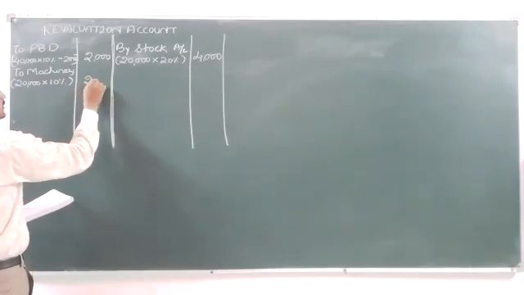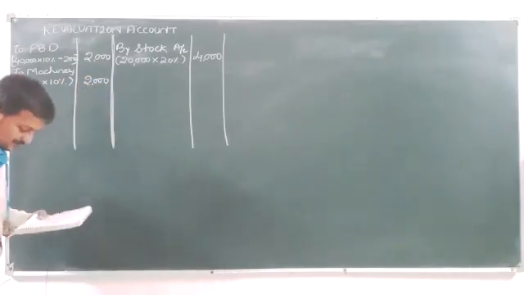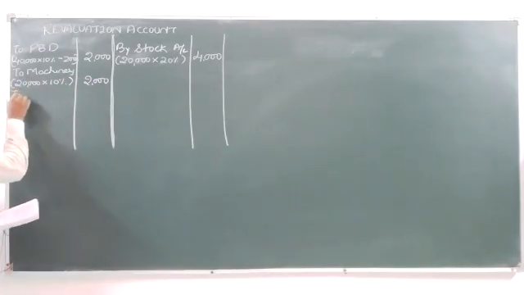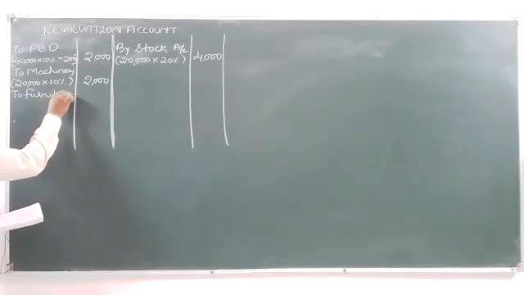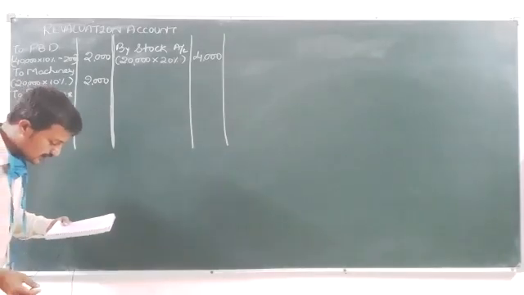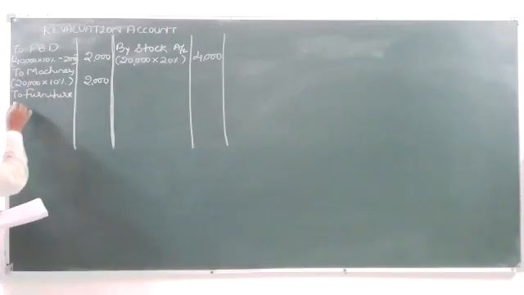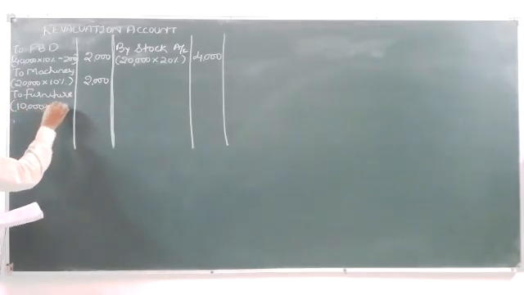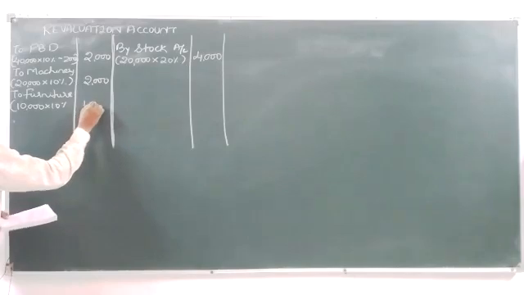That will be 2,000. Next, to furniture account, in brackets, 10,000 into 10%. That will be 1,000.